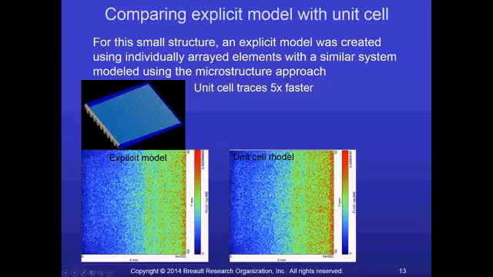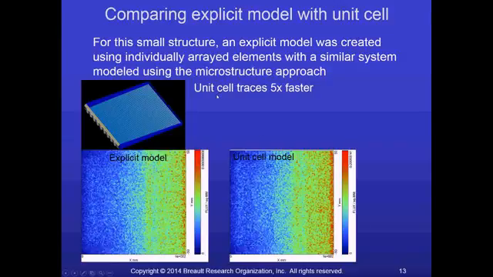In this particular case, we modeled effectively the same structure, but we only defined a single unit cell and used the microstructure approach to effectively create the full geometry. And here is the result of that particular ray trace. And I think you'll agree that for all practical purposes in an illumination analysis, the results of these two ray traces are identical.